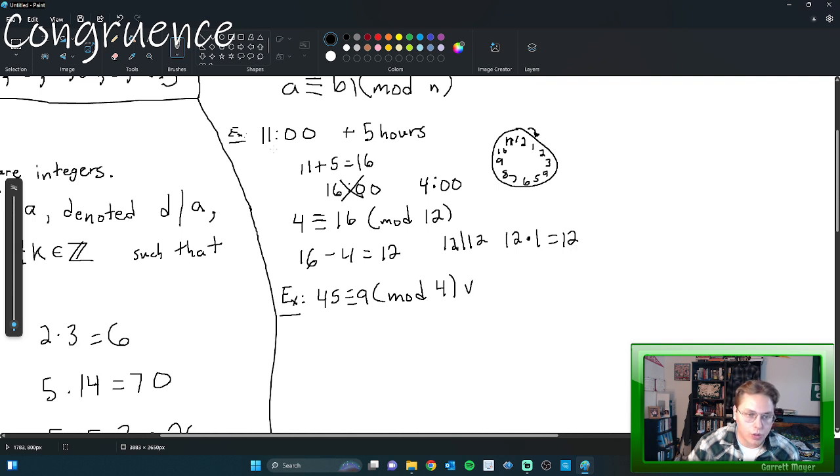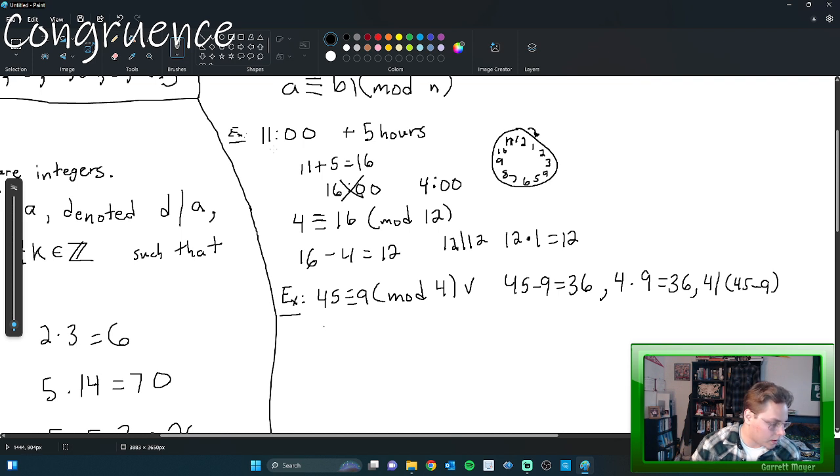This is true because 45 minus 9 equals 36, and 4 times 9 is 36. So 4 divides 45 minus 9. So by the definition of congruence, 45 is congruent to 9 modulo 4.